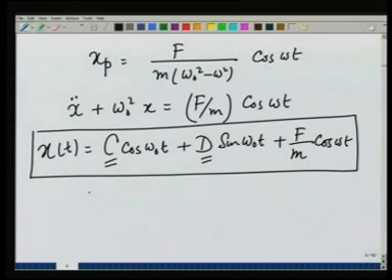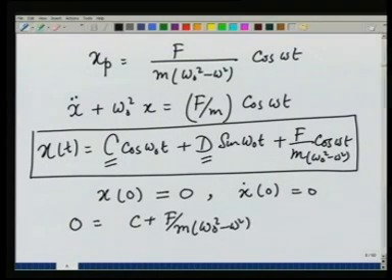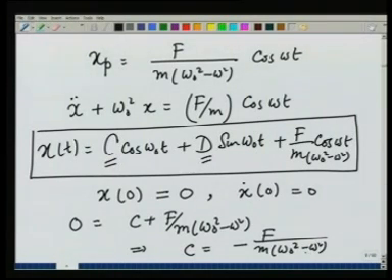Let us now take an oscillator on which I start applying this force such that initially it is at zero position at its equilibrium point, and it also starts with zero velocity. x dot is also 0, and I want to determine coefficients c and d accordingly. When I substitute x(0) equals 0, I get 0 is equal to c plus F over m times omega 0 square minus omega square, or c is equal to minus F over m times omega 0 square minus omega square.